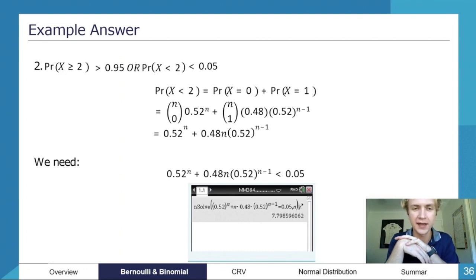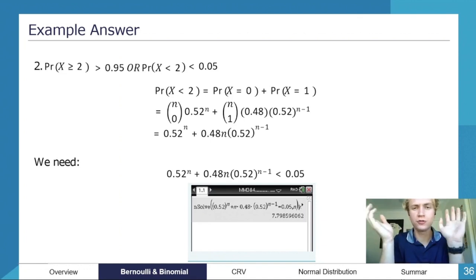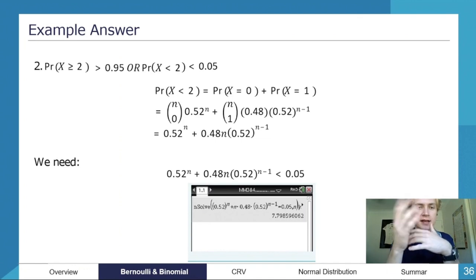And if the probability of x being less than 2 is less than 0.05, well, what are the two discrete values we have when x is less than 2? Well, it can't be 2. It's just x equals 1 and x equals 0. So what we do is we just add up the probability of x equals 0 and x equals 1. Here I've got the two expressions.